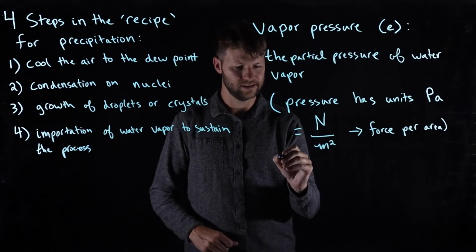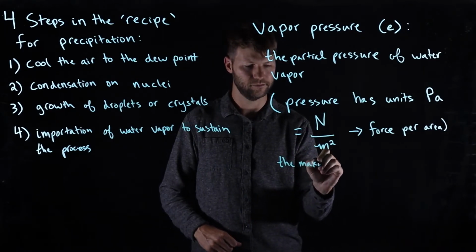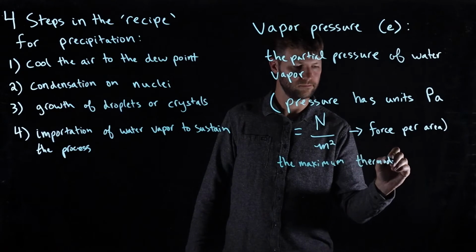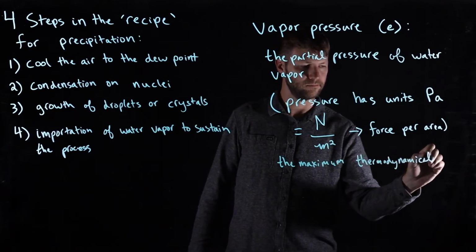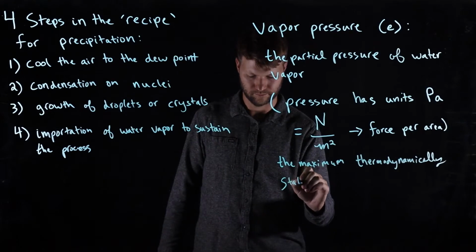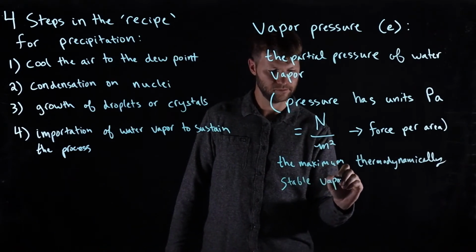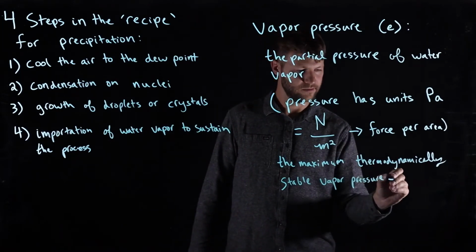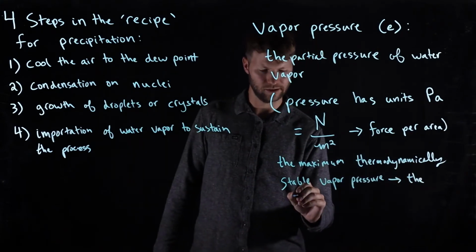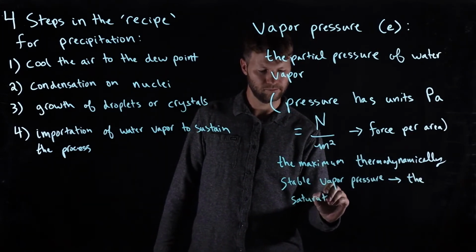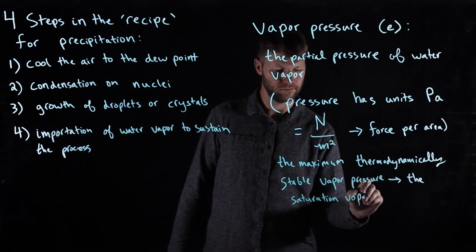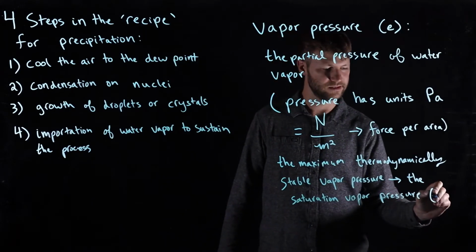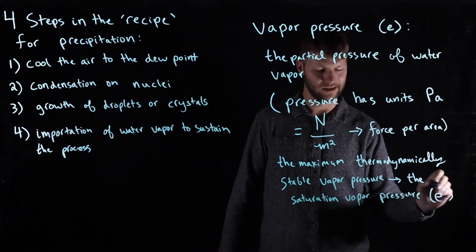So that is the maximum thermodynamically stable vapor pressure just before you would start to get condensation and liquid water forming. So this is called the saturation vapor pressure, and you'll commonly see it denoted with the symbol E raised to a little asterisk.